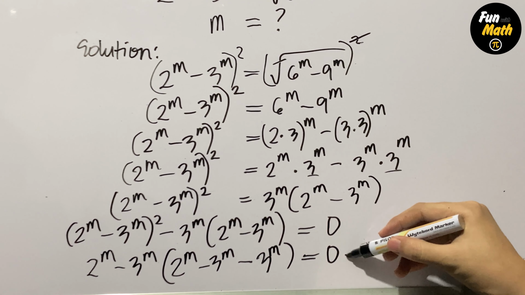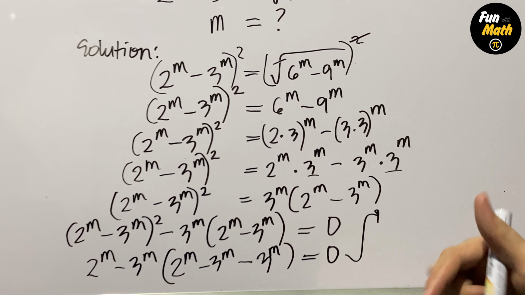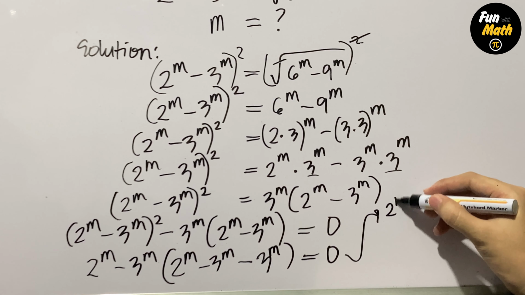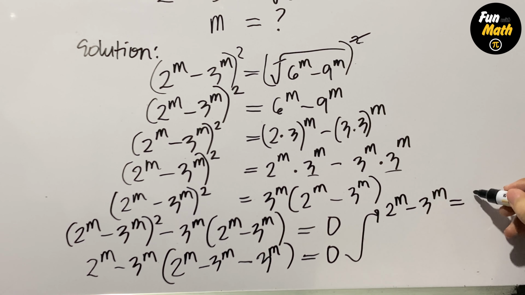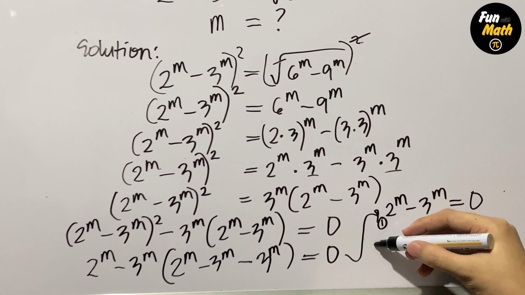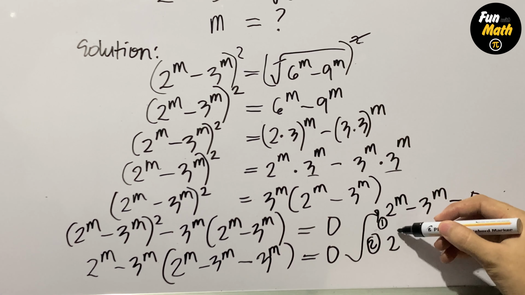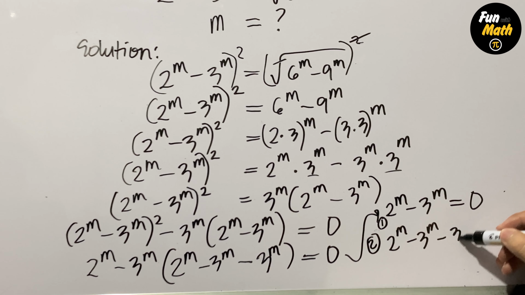And so for this, we can have two equations. First equation is 2 to the power of m minus 3 to the power of m is equal to 0. So this is the first equation. Second equation is 2 to the power of m minus 3 to the power of m minus 3 to the power of m is equal to 0.